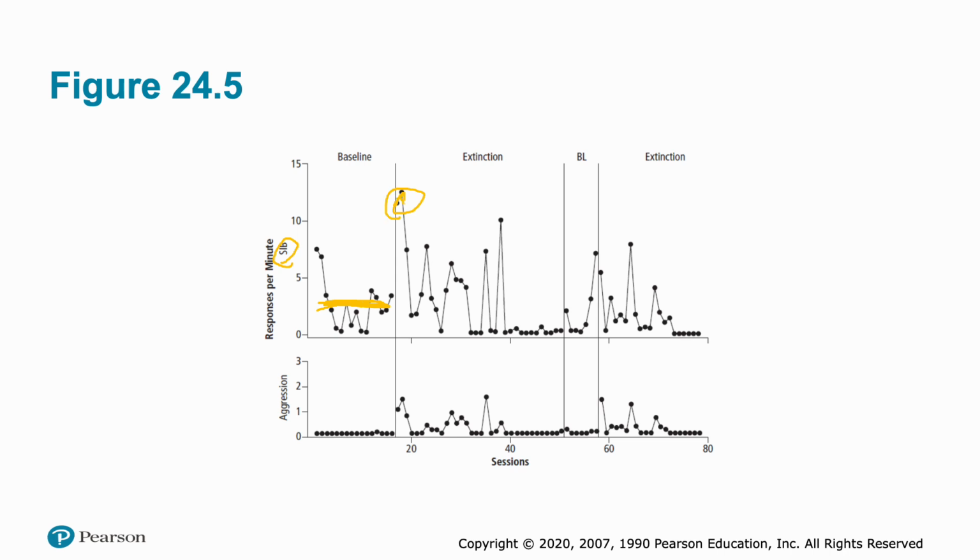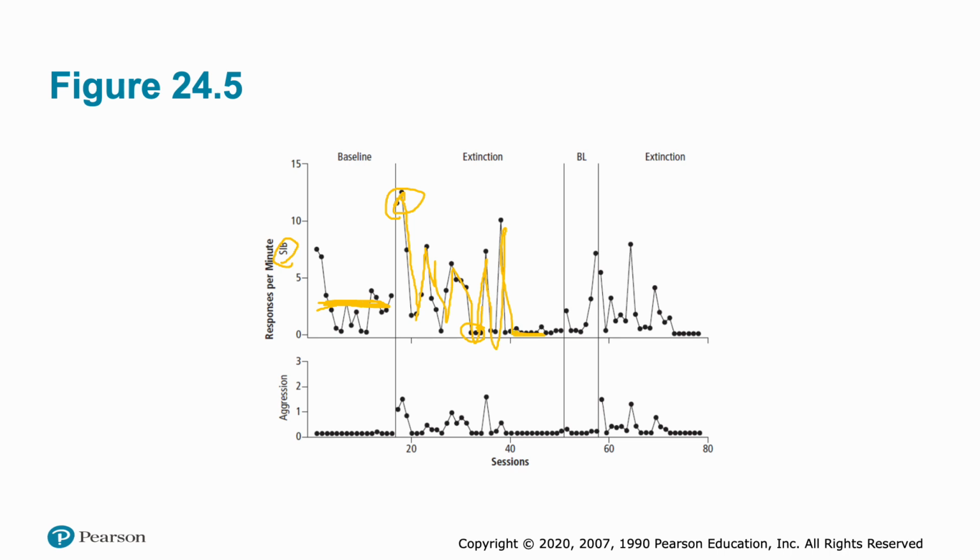But very quickly, as long as you maintain the extinction procedure, you'll see a reduction in that behavior. This person was more resistant to extinction, so we're seeing some variability here. The behavior got down to 0 level, but it is continuing to occur. That's what we call resistance to extinction. And then we finally see the behavior was extinguished.